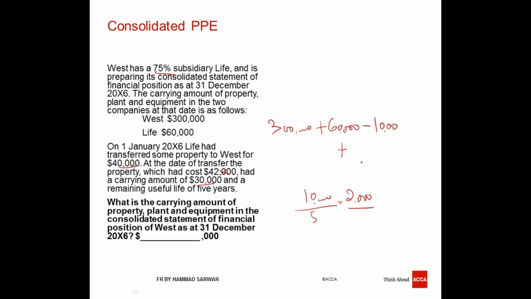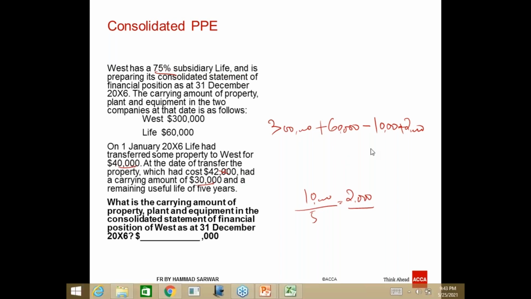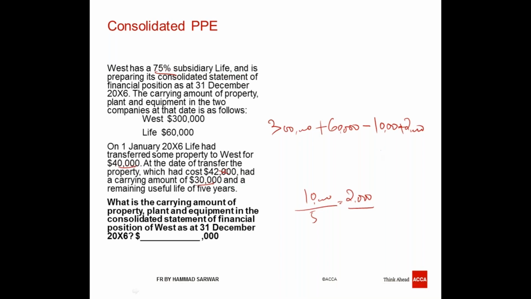So 2,000 into January to December, so 2,000 will be added back. So the right answer should be 352,000. Very good. Is it clear?